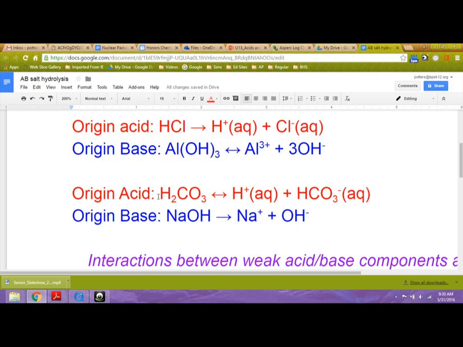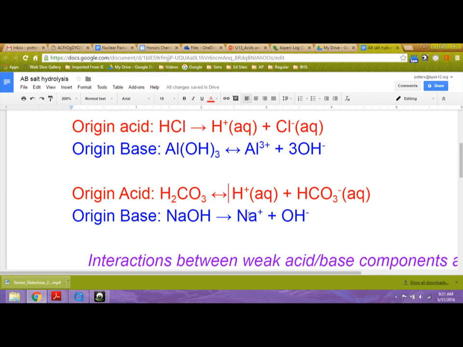When we look at the origin acid, so adding an H+ back to the HCO3, our origin acid would be carbonic acid, and that would, again, be a weak acid, so it's not on the strong list. And so we would find some H+ and some bicarbonate ions, but the majority of the bicarbonate ions would remain attached to that hydrogen in carbonic acid.